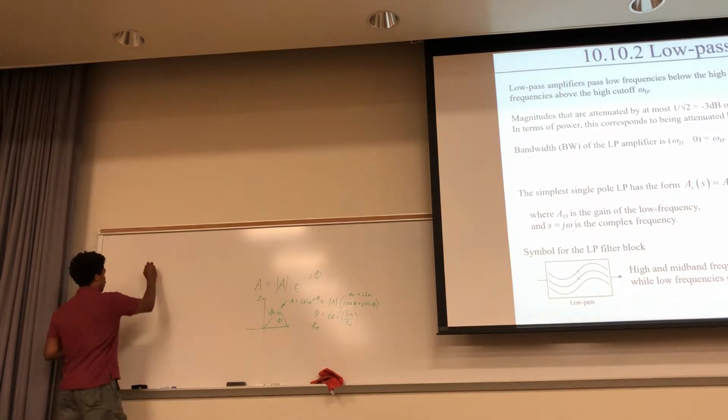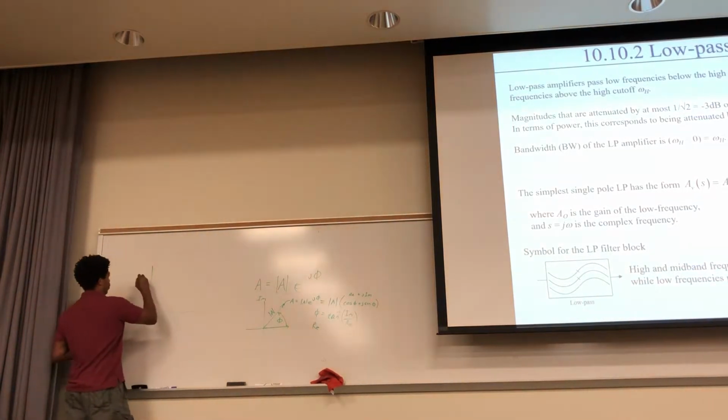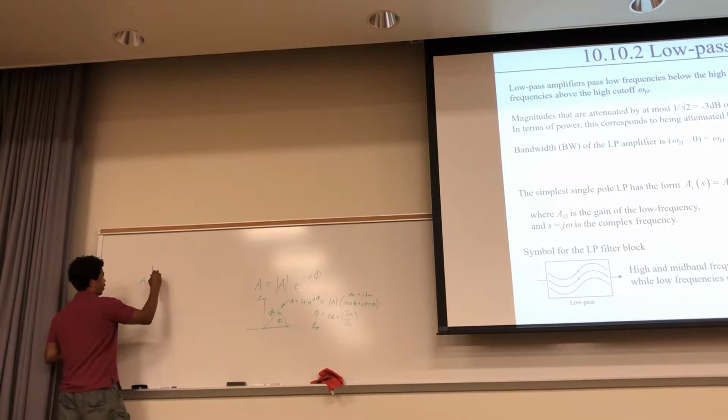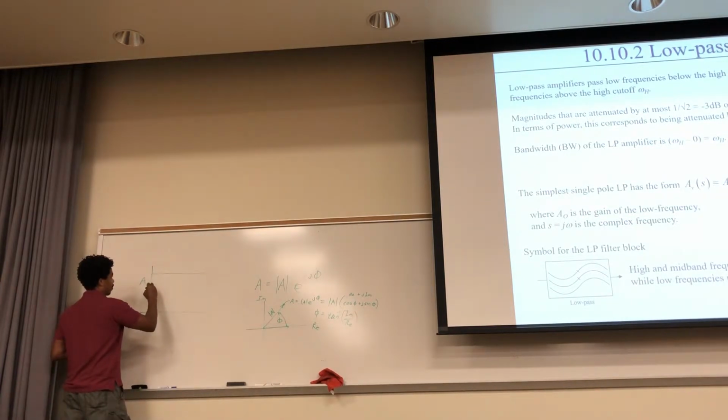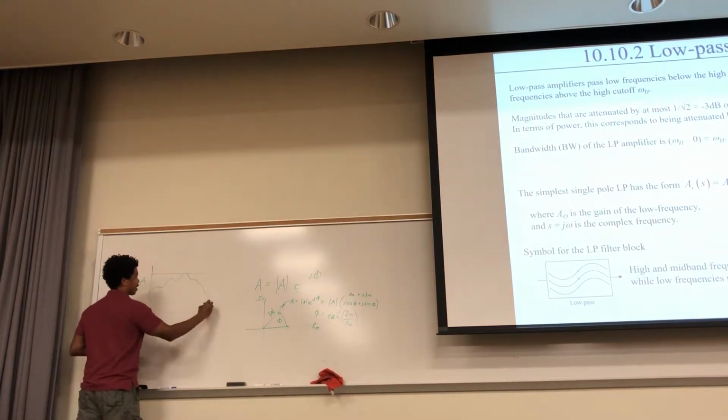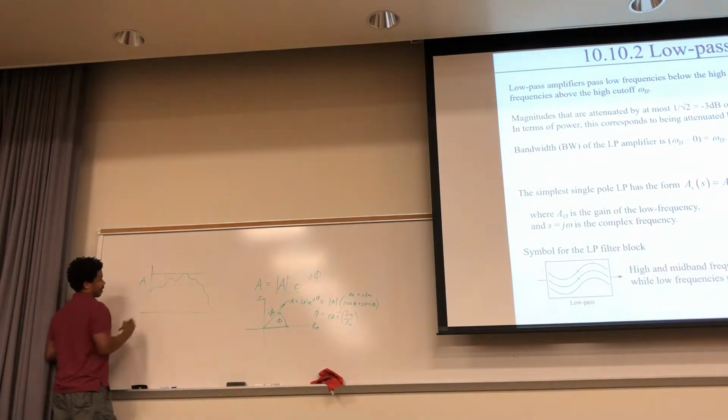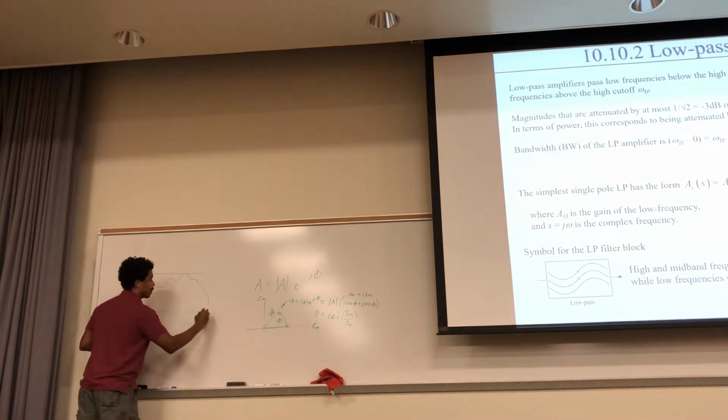Okay, so for example, if you're looking at magnitude right here, and if this is the maximum value, something like this is maybe your amplitude as a function of frequency.